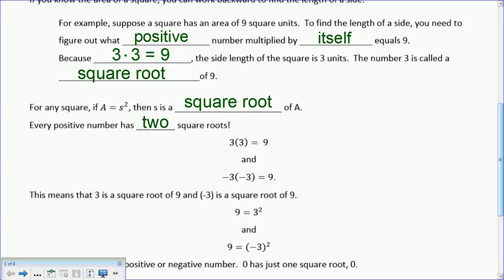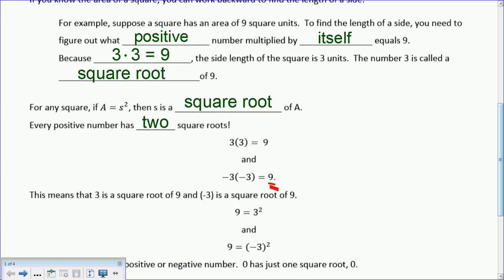Because a negative times a negative is what? A positive. Just like we wrote down right here. Negative 3 times negative 3 gives you the same answer as 3 times 3. So this means that 3 is a square root of 9, and negative 3 is a square root of 9.